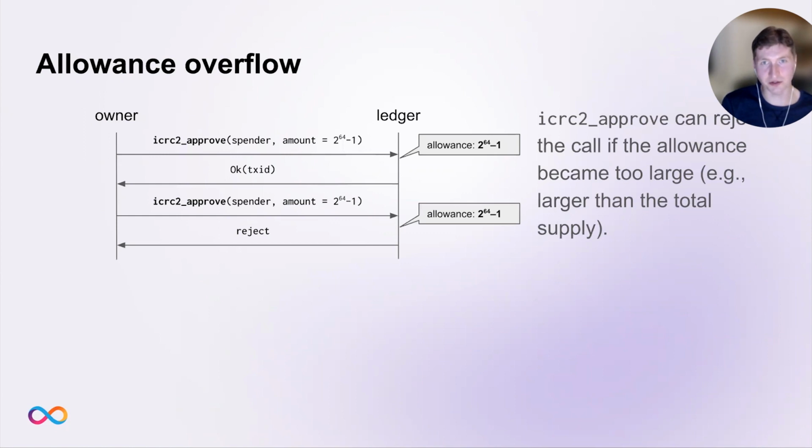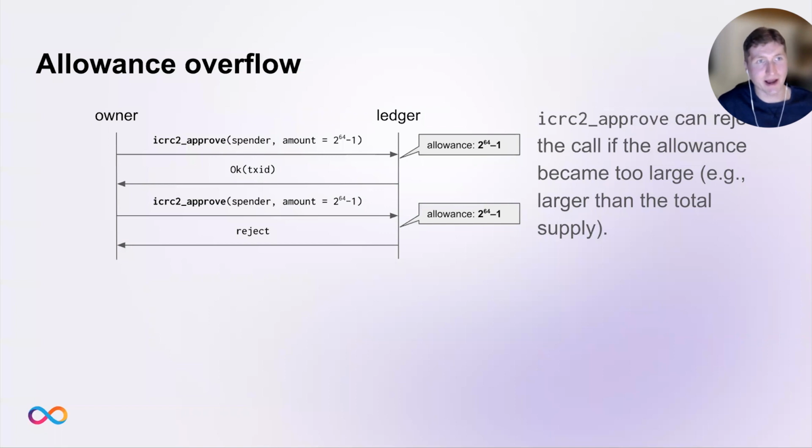Another issue that we found is that the amount is an arbitrary integer, right? In general, amounts in ICRC-1 are arbitrary natural numbers, and they can be very large. Because approvals do not correspond to real tokens, you don't have to have that many tokens to approve this amount.